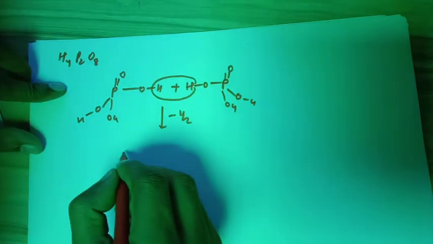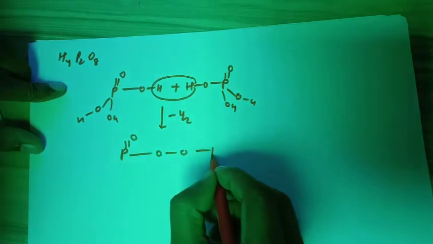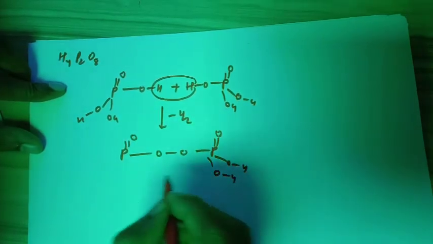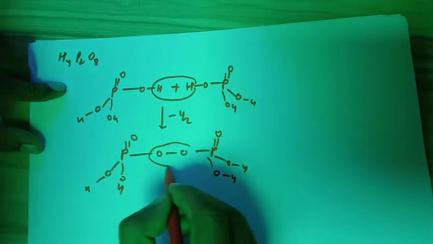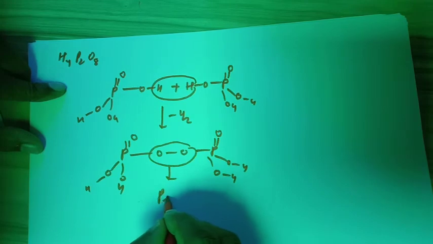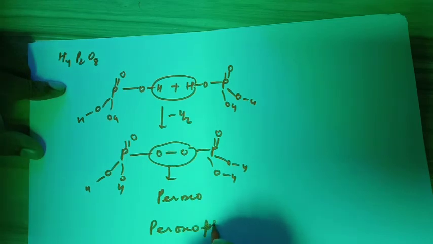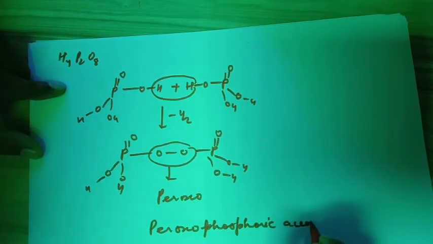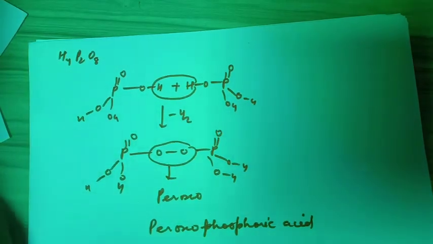We'll get P double bond O, OH, OH, O, O, P double bond OH, OH, OH. This group shows the peroxo group. So this will be peroxophosphoric acid or peroxo-diphosphoric acid.